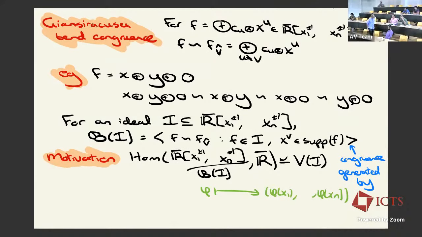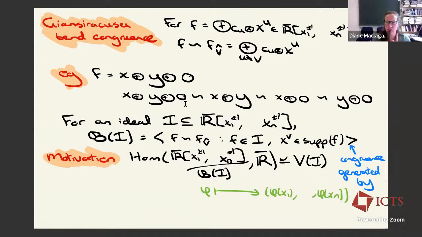In this definition, if you have a term like x plus y plus 0, will it eventually be congruent to one particular term of it? No. I only do this for the polynomials I start with.